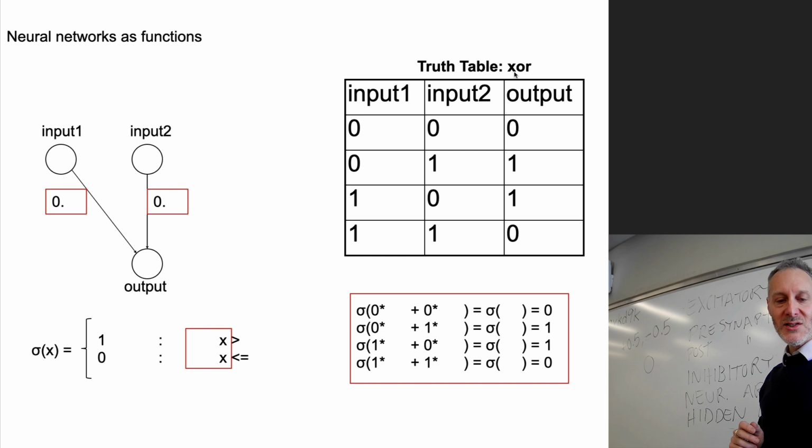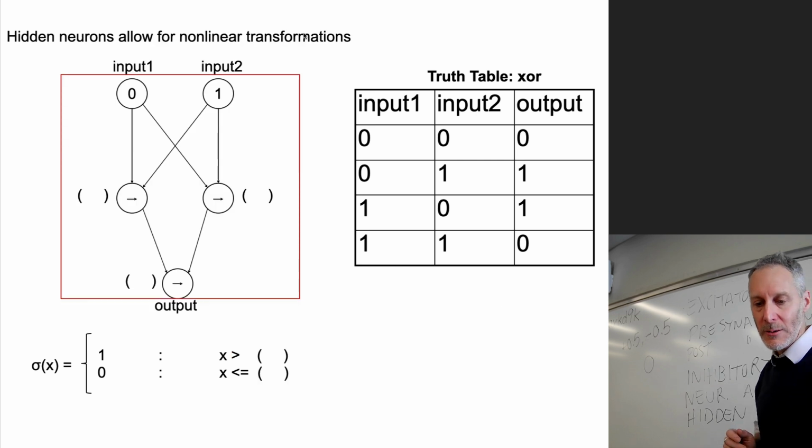So what we're going to see in exclusive OR is we're going to set these two synaptic weights and the activation function of this neuron so that this neuron embodies OR. And we're going to set the synaptic weights arriving at this neuron, and we're going to set this neuron's activation value so that it embodies AND.